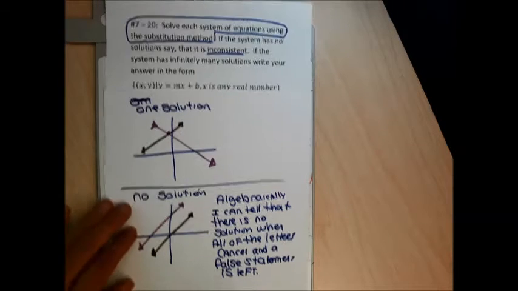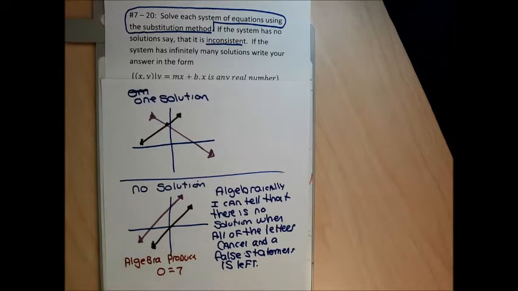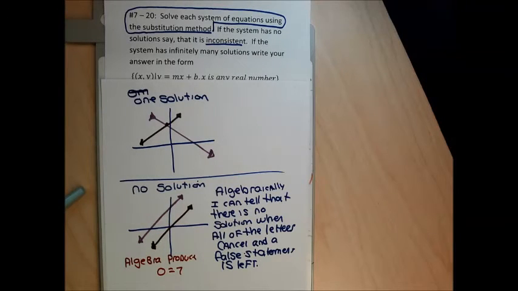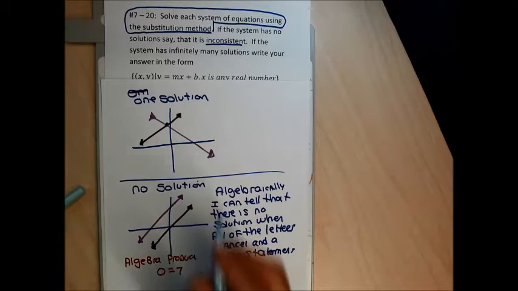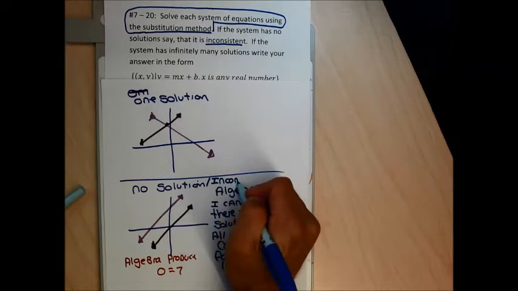Real common, the algebra might produce something like, I don't know, 0 equal to 7 or something silly. The letters will drop out and you'll be getting a statement that's nonsense. And when that happens in the algebra, then the lines, if we were to graph them, they'd be parallel lines, and that problem will have no solution. We can say the answer is that it's an inconsistent system of equations.